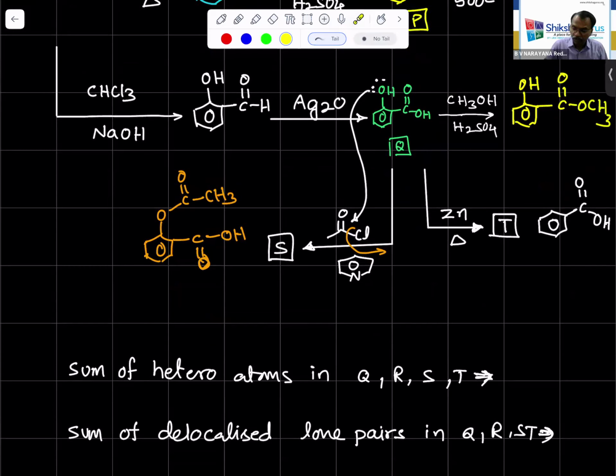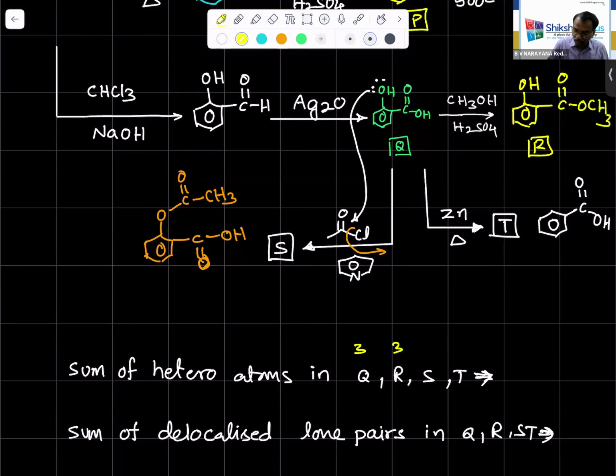Now, in compound Q, how many heteroatoms are present? Here it is 1, 2, 3. Next one is compound R. In compound Q, there are 3. In compound R, 1, 2, 3 heteroatoms are present again.